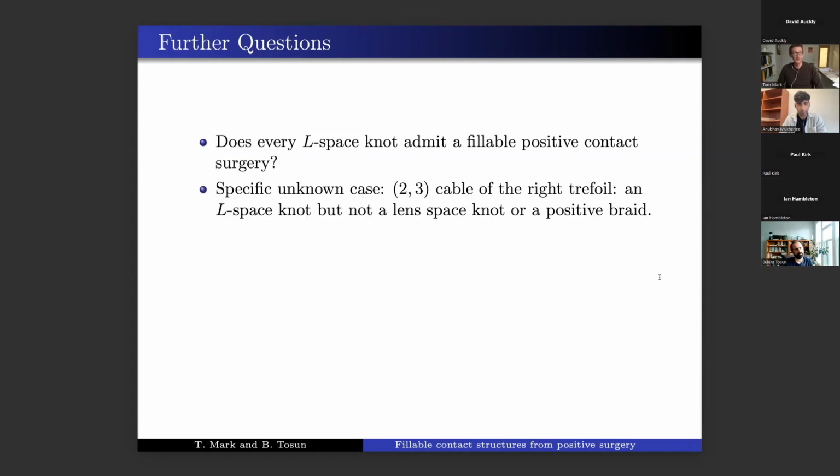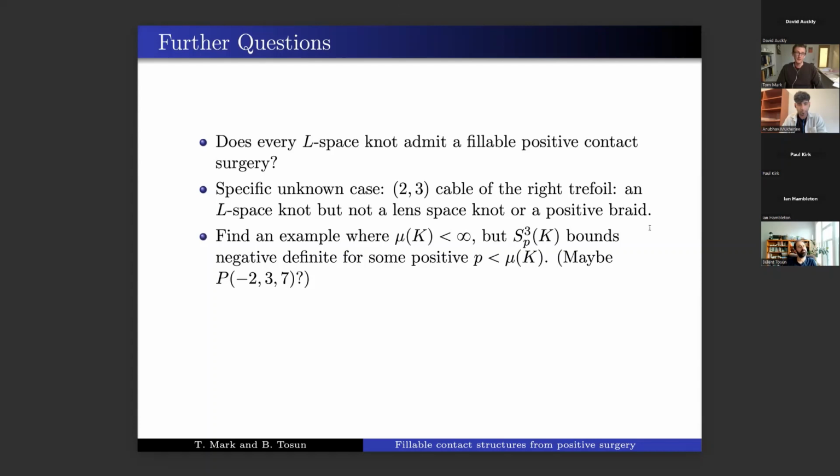As far as we understand, we haven't worked too hard on it, but as far as we understand at the moment, if you take the right-handed trefoil and do the 2,3 cable, the result is an L-space knot. It has an L-space surgery, but it does not have a lens space surgery, and you can't express it as a positive braid. So previous general theorems don't work to tell you it has a fillable surgery. So that's something to play with.